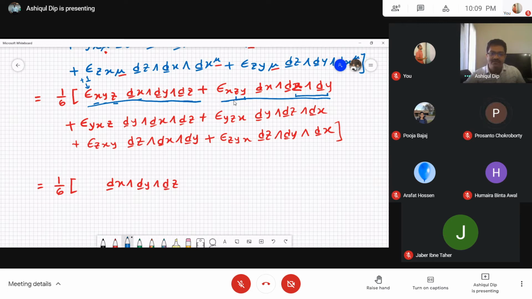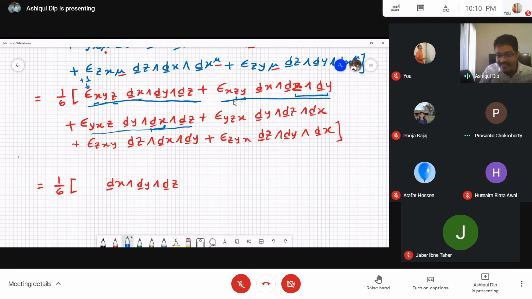What about this thing? Can you do the same trick with the third term as well? Yes, we can. Switch in such a way that it matches with the upper wedge products. To do that, you switch these indices first, dx and dy.